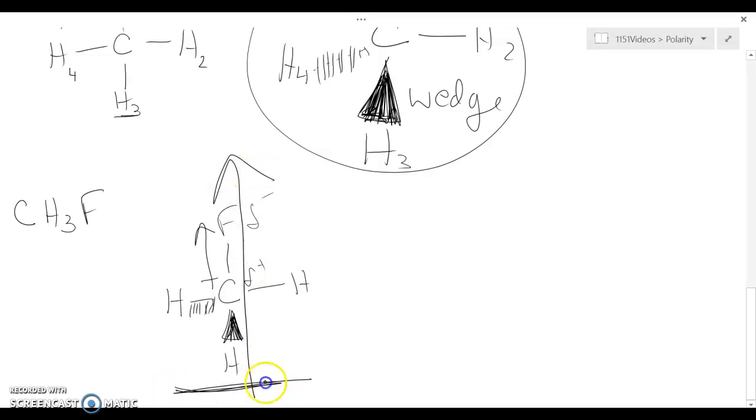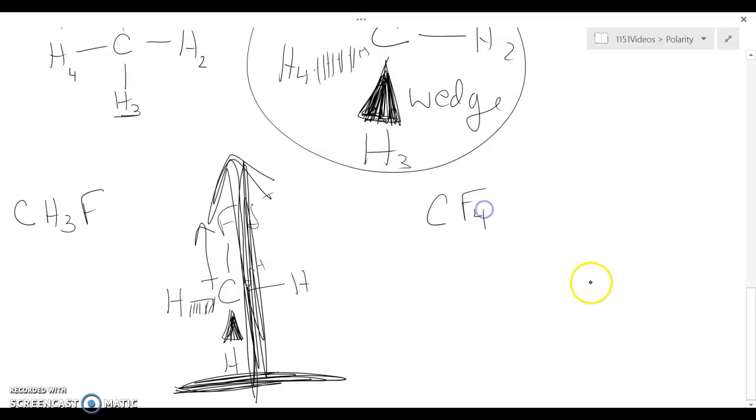So maybe you need to get in the habit of doing like a jumbo big arrow net like that, okay? Pulling that way. Since that's just one arrow pulling that way, one polar bond, we know that the entire molecule is polar.